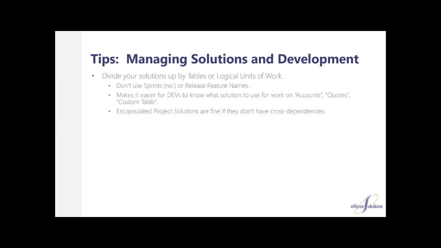And so you're never really sure what's in those solutions, right? So what was in sprint number 20 or what was in this particular release. If you create your solutions by your table names, like accounts or quotes or a custom table that you've created, then it's very easy for your devs to know where to go to work on that thing. So if you're saying we need to change the account, I go to the account solution.